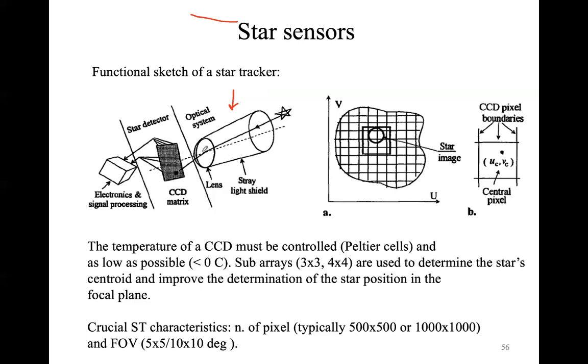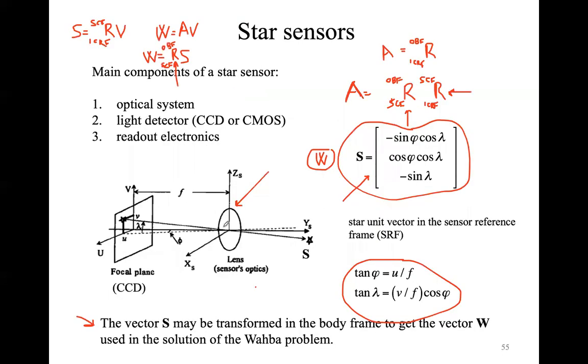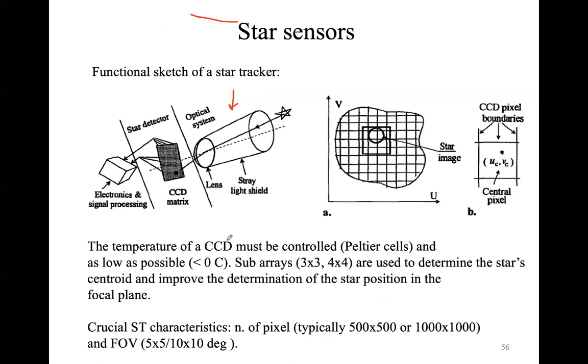The optical lens, the optics of the system, is crucial because now we have to include what we have discussed about the stars. The optics of the system is designed to improve the acquisition and identification of stars. What you need is a system that looks at the stars that you want to look at. For example, here you have this star, but let's assume you have this one, this one, this one. In principle, you are able to see all of them, right?